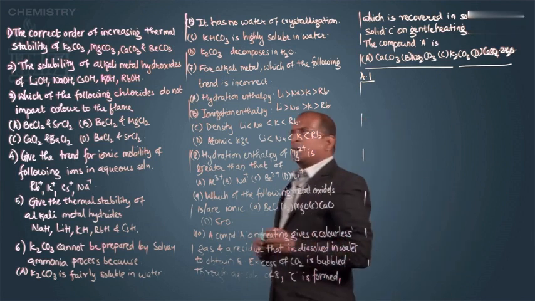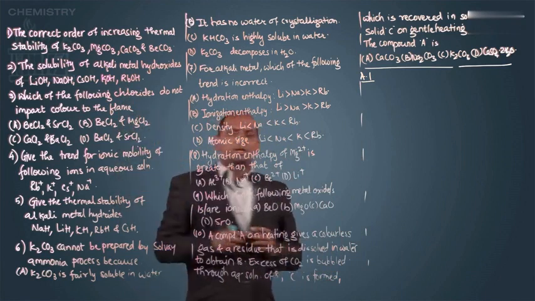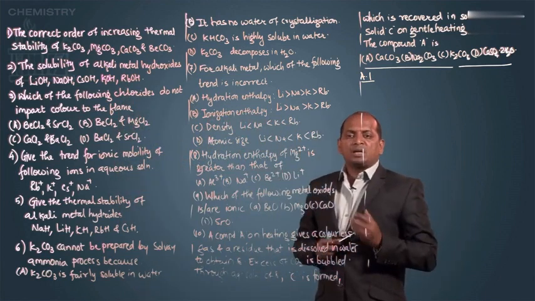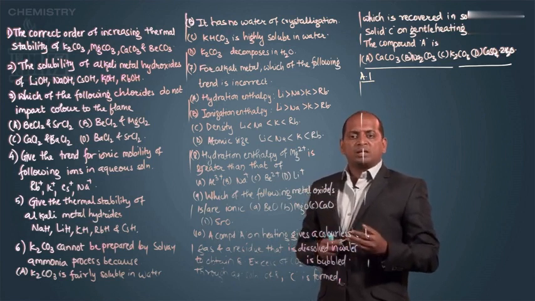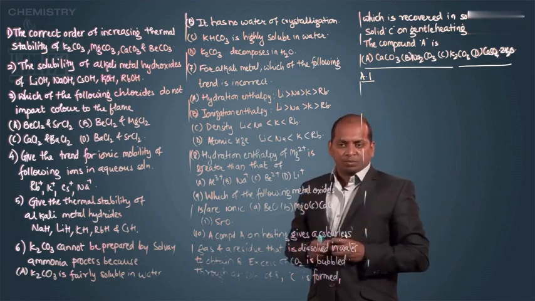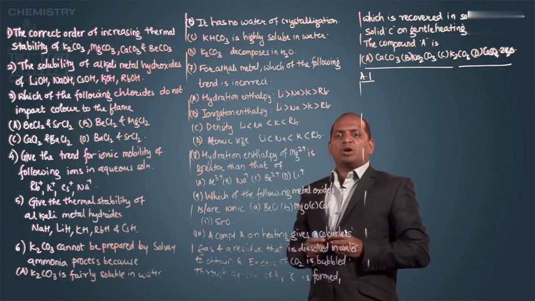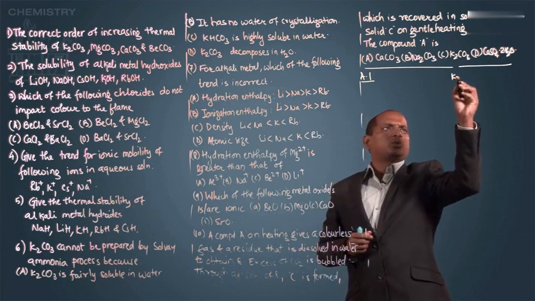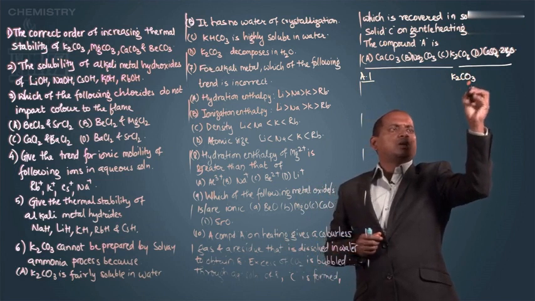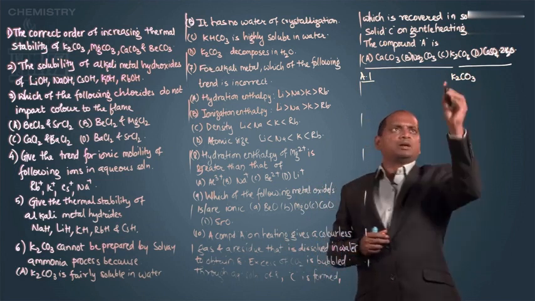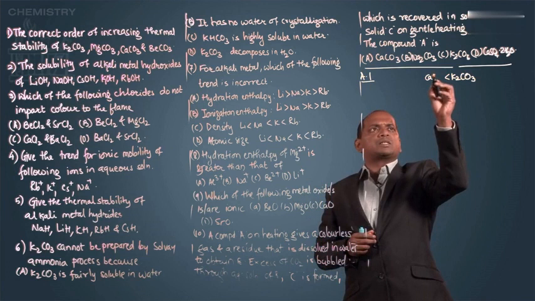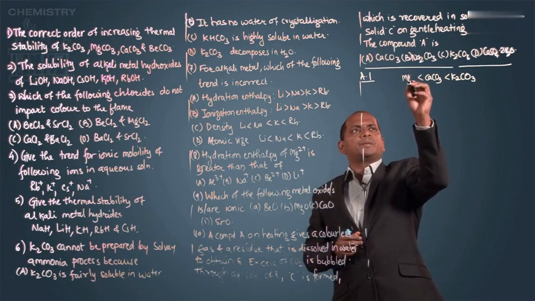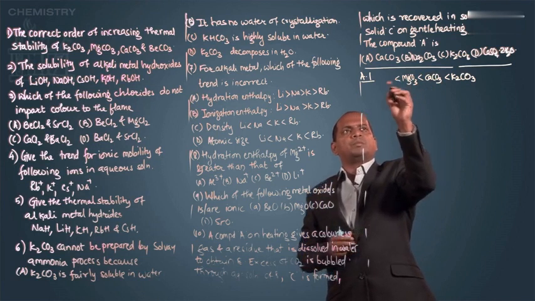Now, if we consider the alkaline earth metals, the thermal stability goes on increasing as we move down the group. So the correct order for the thermal stability is K2CO3 maximum thermal stability, then CaCO3, then MgCO3, then BeCO3.